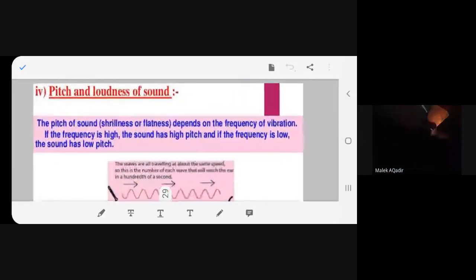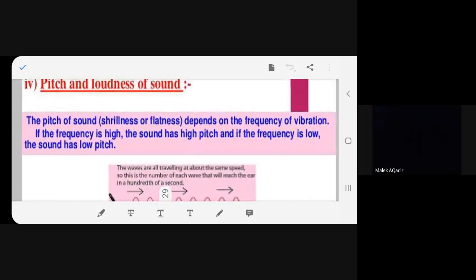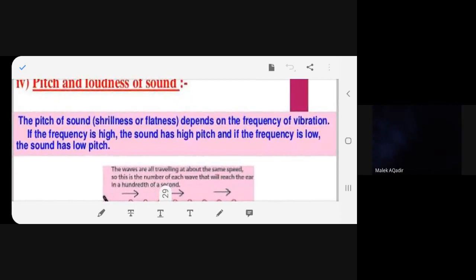So what is pitch, by the way? It's like if someone screams, that is shrillness. If someone talks, that is flatness. Have you got the difference of the pitch better?